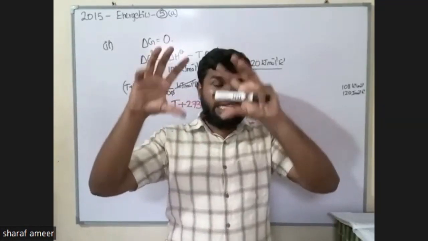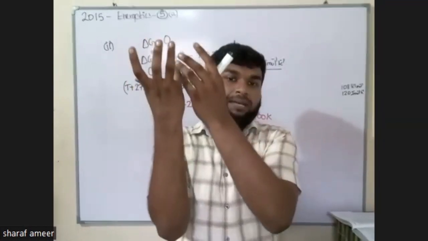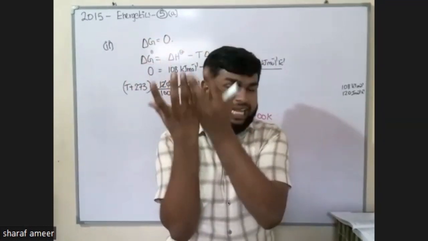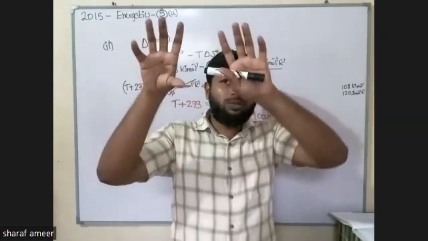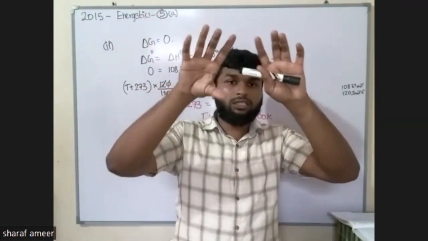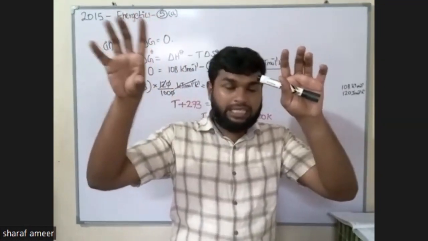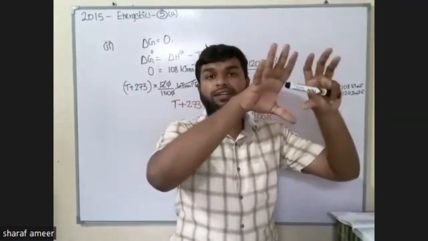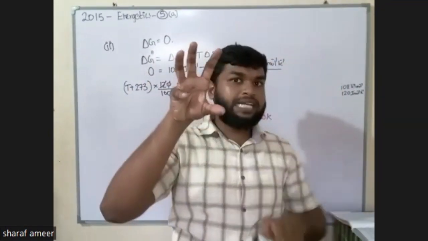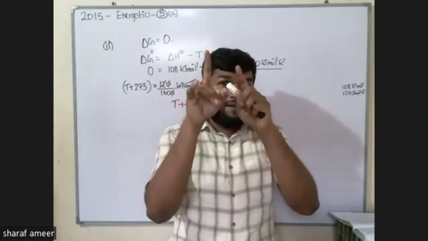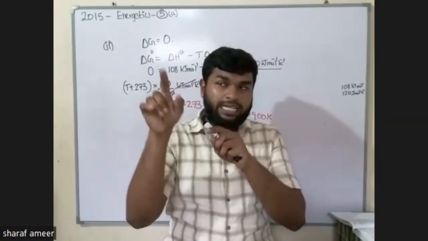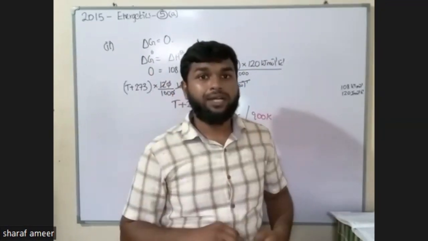So since those parameters depend on temperature, there is a need to keep the delta H and the delta S as constant values. So then only you can find out the exact temperature at which this reaction can take place. So in that case, delta G must be 0.